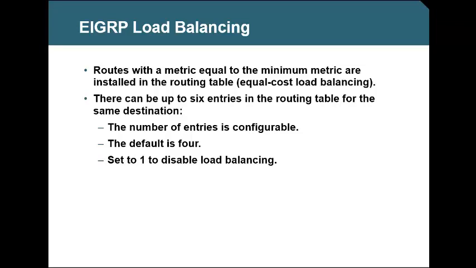But by default, EIGRP also supports only equal cost load balancing. If you wish to enable unequal cost load balancing, which can also be enabled in EIGRP, we need to use a special command called variance.